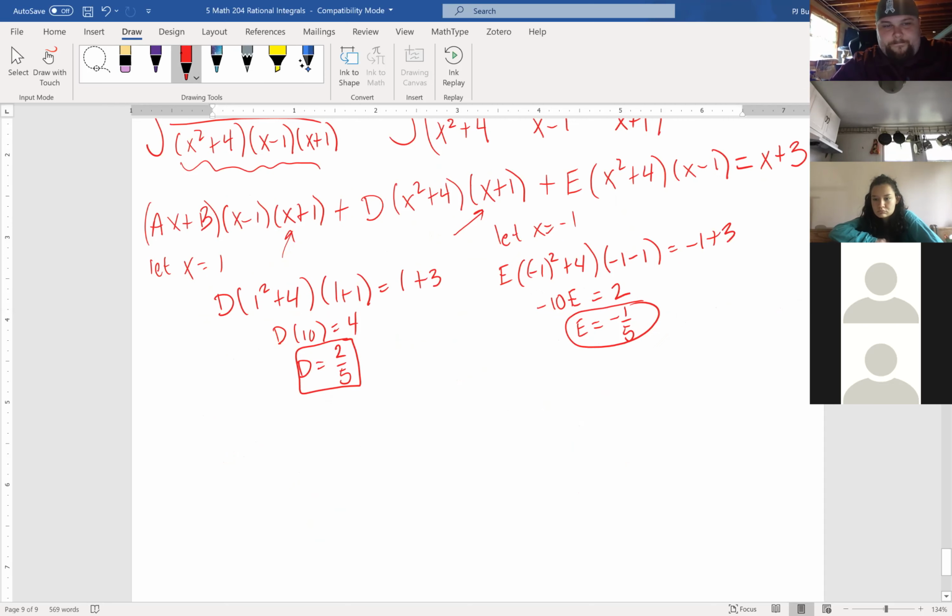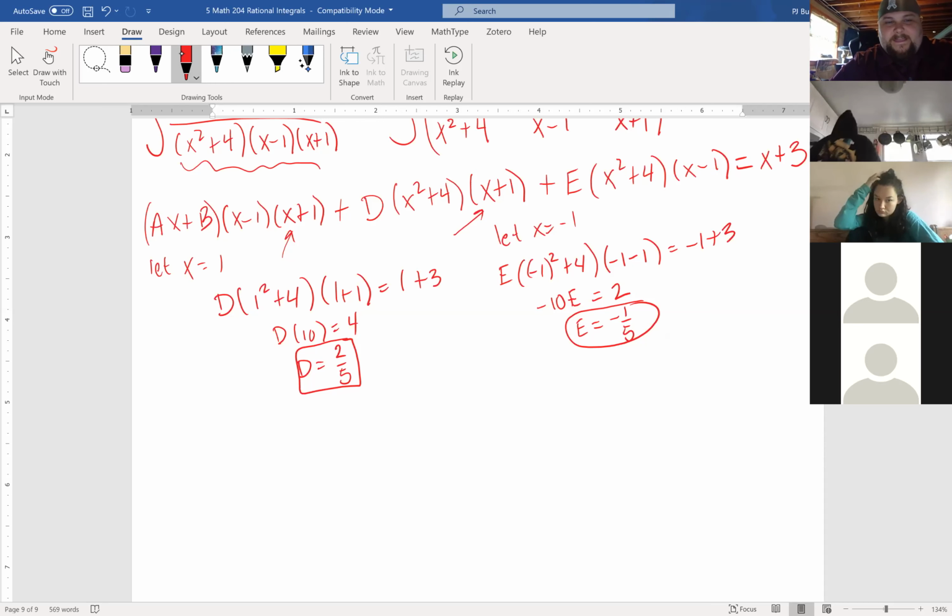Here's where it's a problem. There are 2 terms that have x squared plus 4 in them. Is there any number I can plug in for x to make x squared plus 4 equal 0? No. It would have to be a complex number, and we don't deal with that sort of stuff in our basic calc classes. So instead, we just have to pick some arbitrary x value.